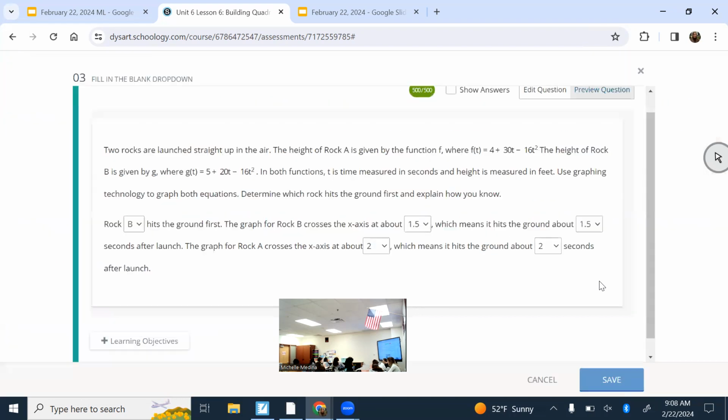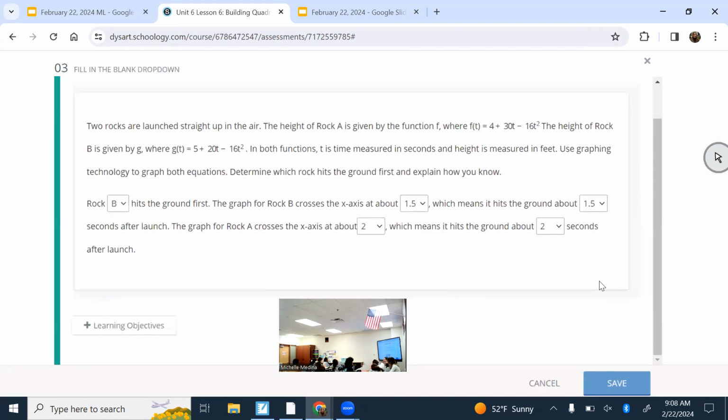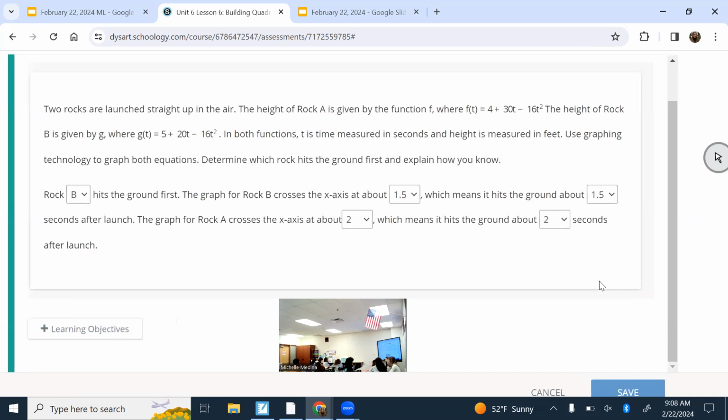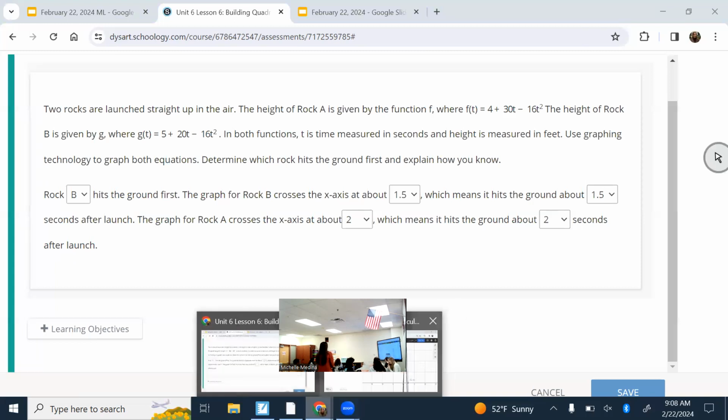That's it. Do you guys remember what part of the graph we call that? Some of our vocab words from today. They're our zeros.